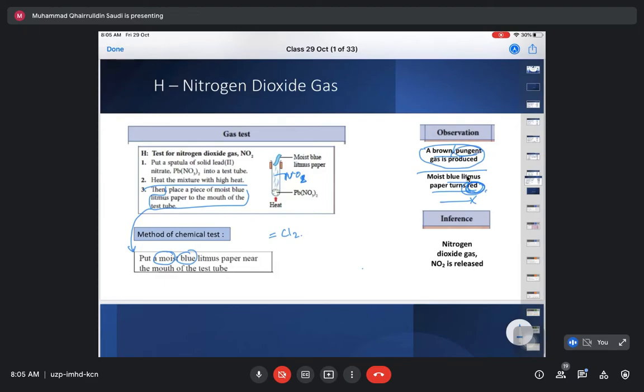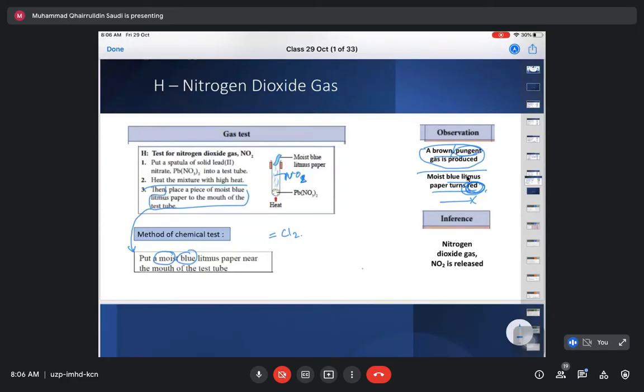Kalau chlorine gas tadi warna apa? Greenish yellow. Yes, greenish yellowish. Okay, so kalau dia bagi tahu dah, gas yang produce greenish yellowish, so tahulah chlorine gas.